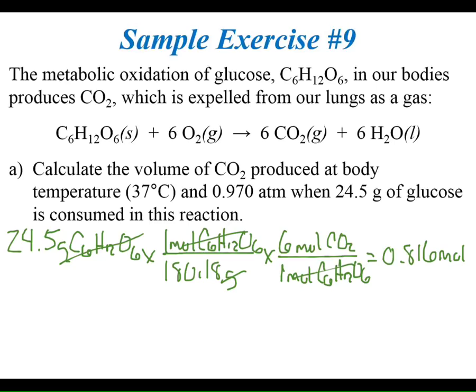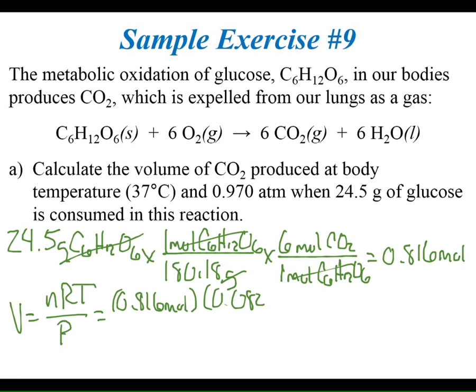Okay, so we want to find volume of carbon dioxide. So that's going to be, what, nRT over P? So n, we just found, 0.816 moles. R, 0.08206 liter atmosphere per mole Kelvin.